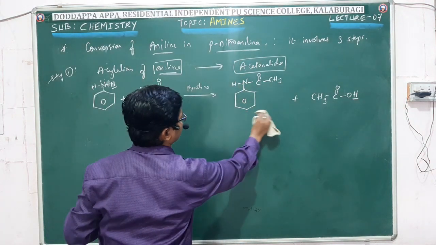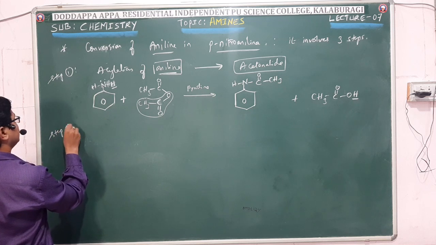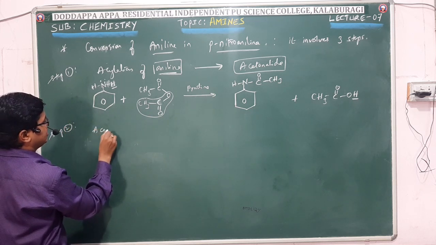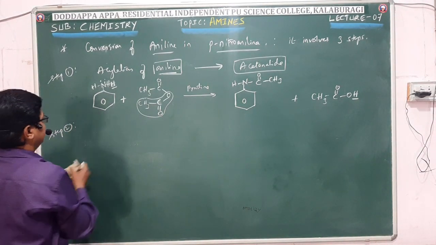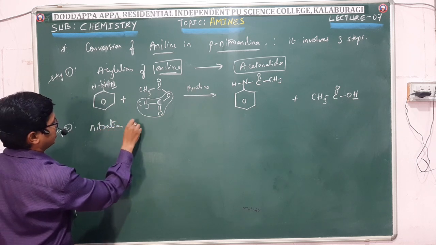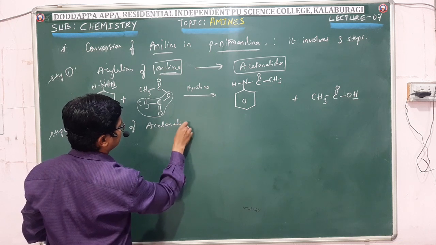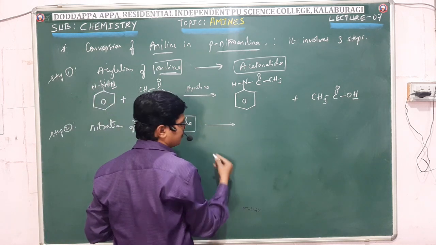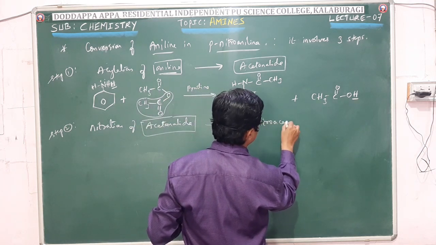Further, the obtained acetanilide, step 2, that is nitration. Title, nitration of acetanilide. Nitration of acetanilide into para-nitro acetanilide.